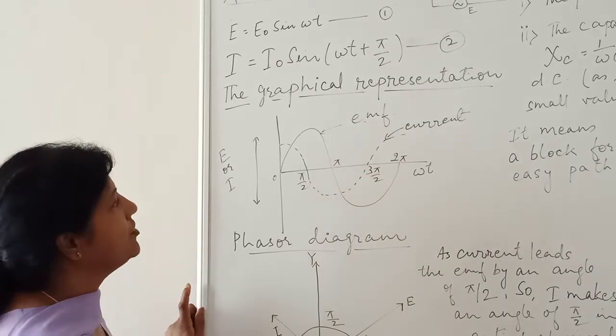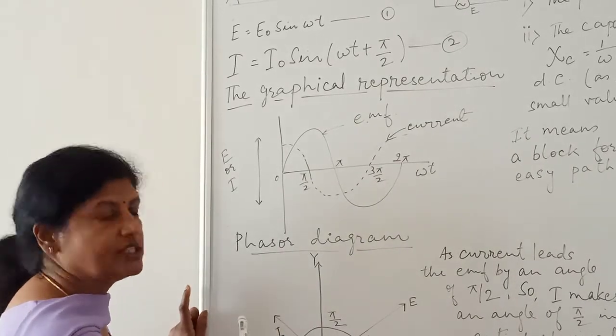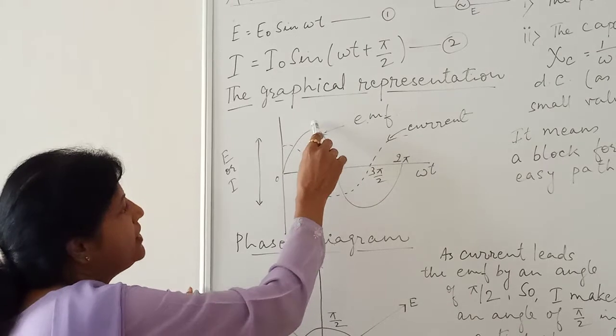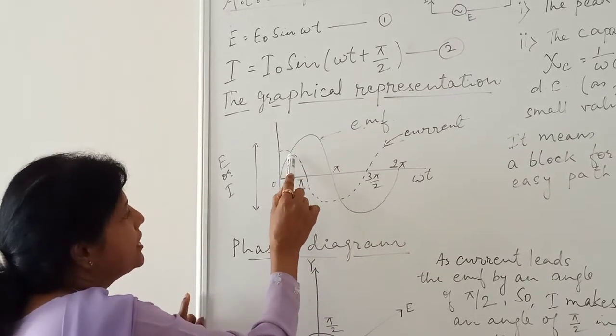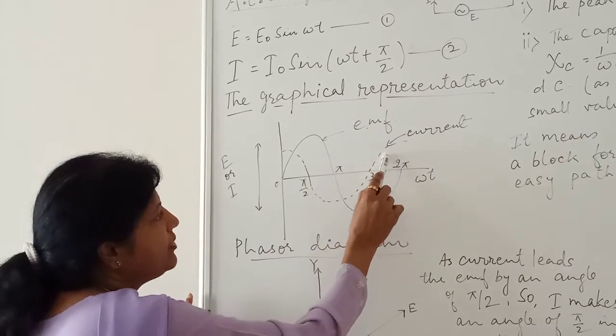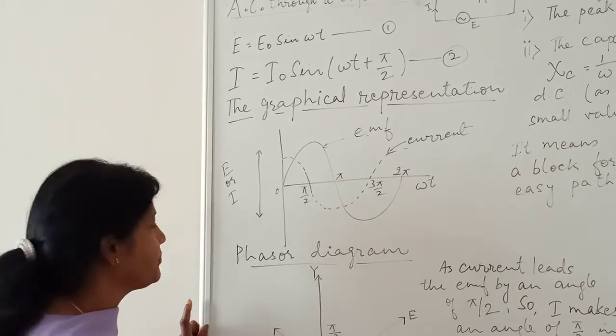So we have a sinusoidal graph. Solid line represents EMF, whereas dotted line represents current.